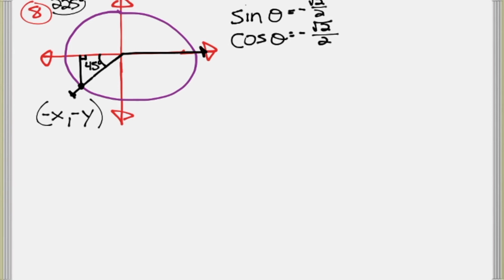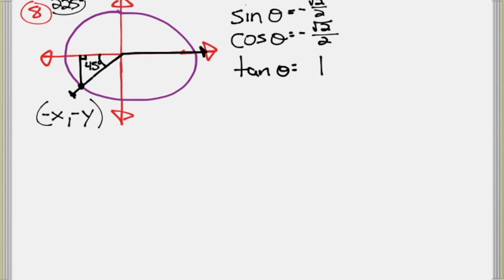It's the same thing. Your tangent is just y over x, which is negative radical 2 over 2 divided by negative radical 2 over 2. Anything over itself is just positive 1. Then we could do the reciprocal thing again to find the other three, and we follow that same thought process.